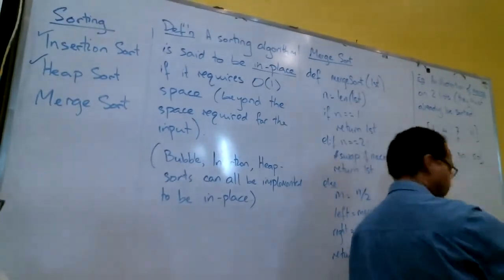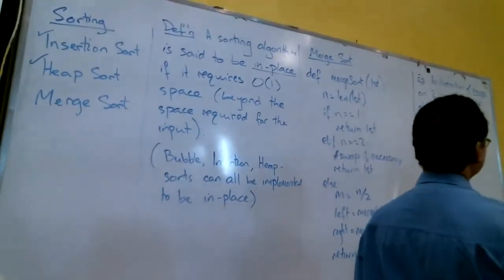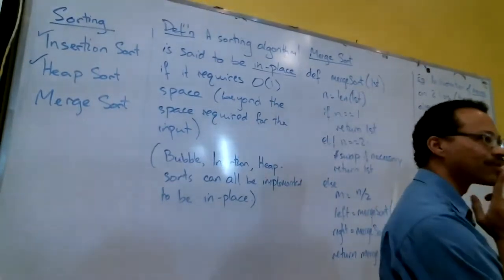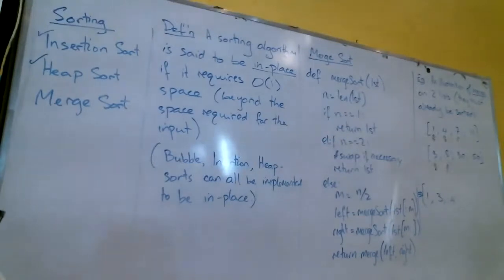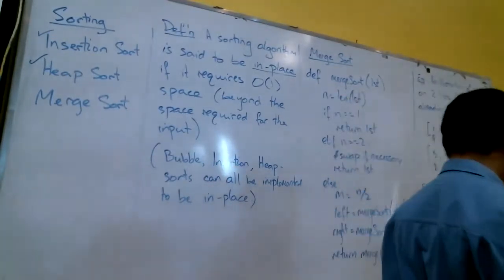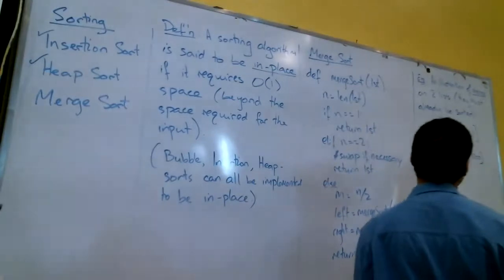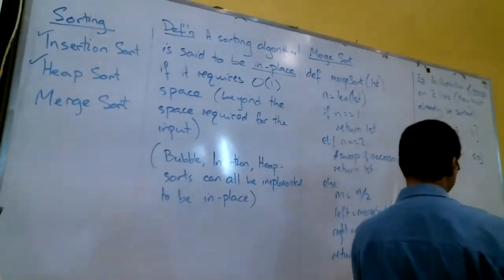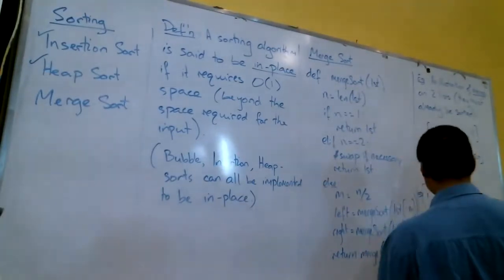The 7 and the 8 get compared. Maybe what I should do is draw arcs to show which ones get compared. Because at the end of the day, you're just going to see some X's on those arrows. All right, so let's do that while I'm doing this. So here we go.